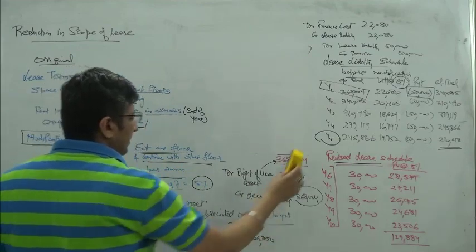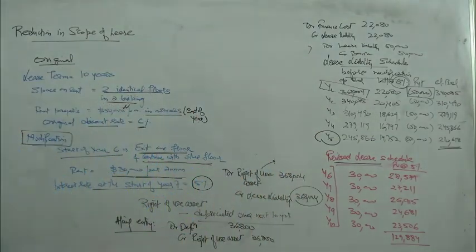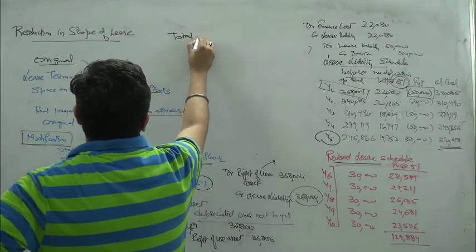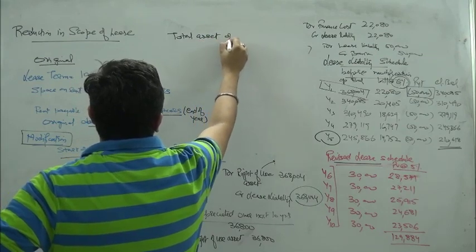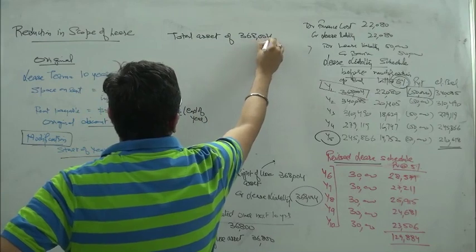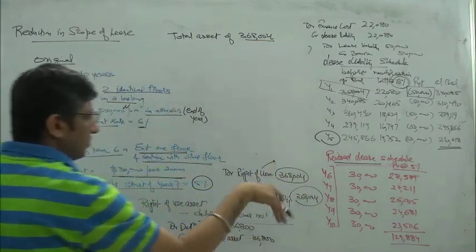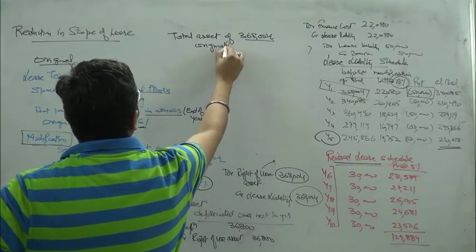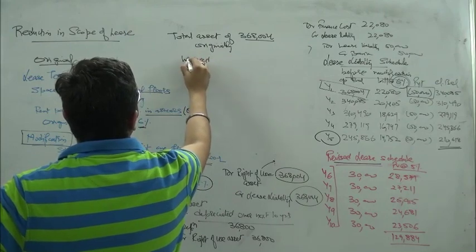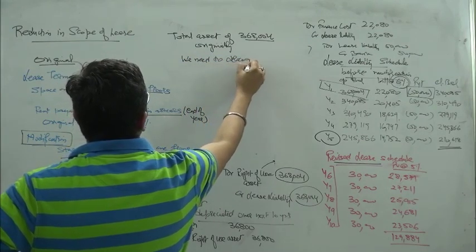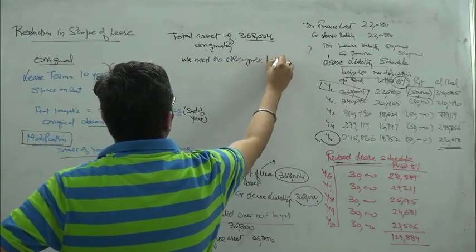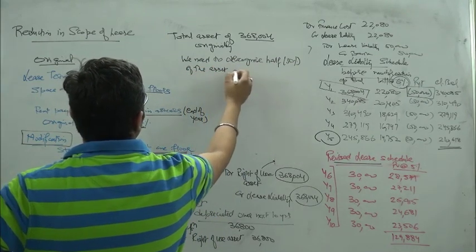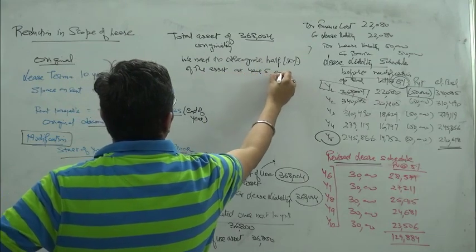I would probably want to keep this, or I don't even require this, it doesn't matter now. So what we are saying now is the total asset of 368004, the right of use asset that we recognized originally, we need to de-recognize 50% of the asset at year 5 end.